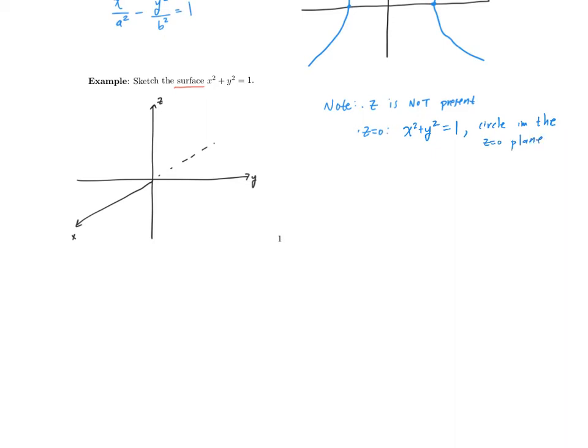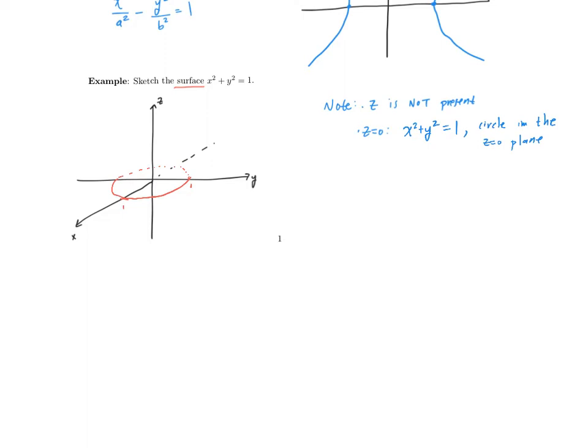And I can very easily sketch a circle in the z equals 0 plane. So it's a circle of radius 1 centered at the origin, but specifically just the portion in this z equals 0 plane. So it hits over here on the y-axis at 1, the x-axis at 1.